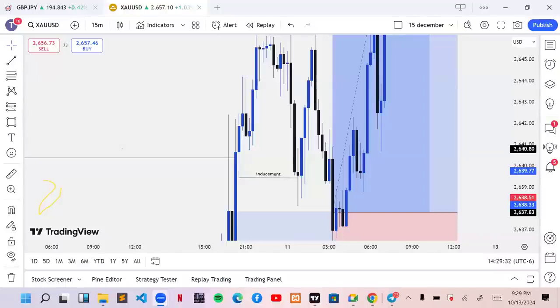Let me say, me personally, at least three candles will make a swing. Nothing less than three candles will make a swing, which may be a higher high or higher low or lower low or lower high.